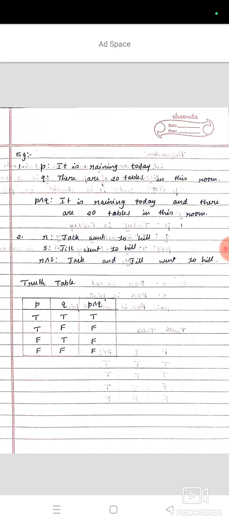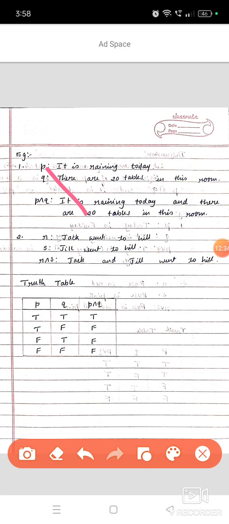Now the truth value of the AND operator. Okay, the AND operator is true if both the statements are true. We are applying the AND operation, or AND connective, between two statements. Suppose P and Q are two statements. We apply the AND operation between these two.